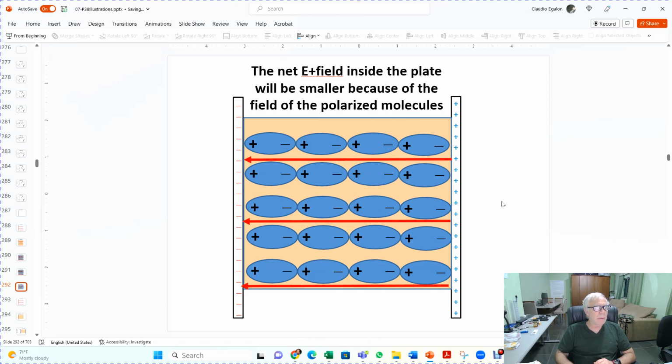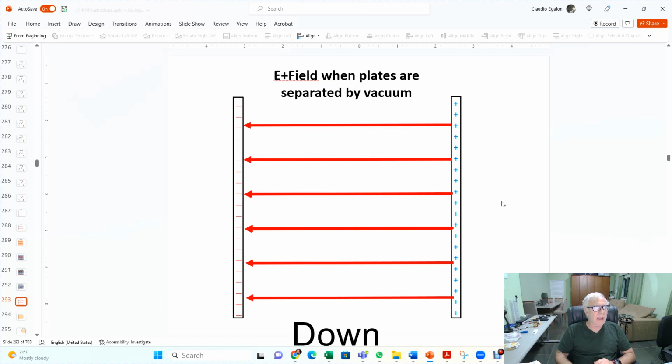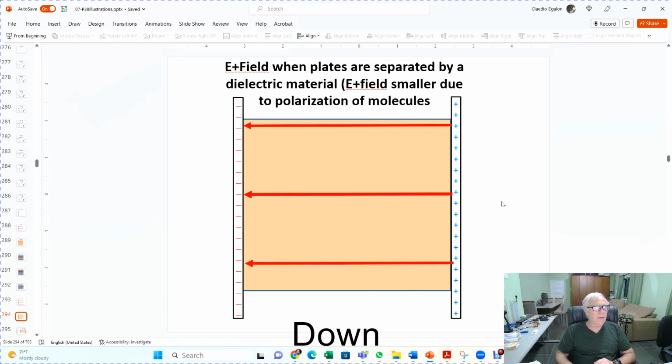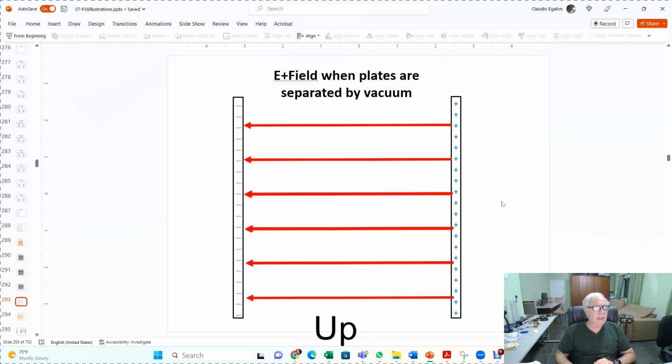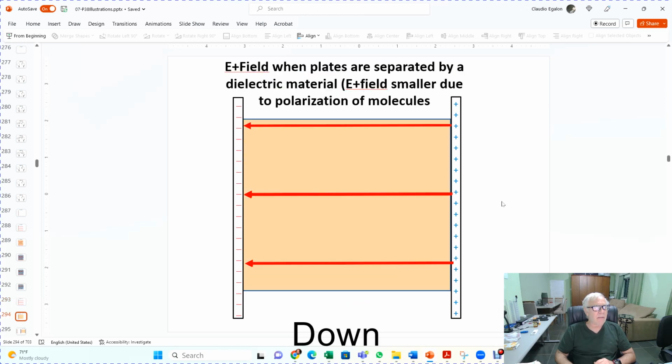Okay? So here you go. Here's the net electric field, right? Side by side, this is the electric field, and then when we put the dielectric material, the electric field decreases by virtue of the polarization of the molecules of the dielectric material.